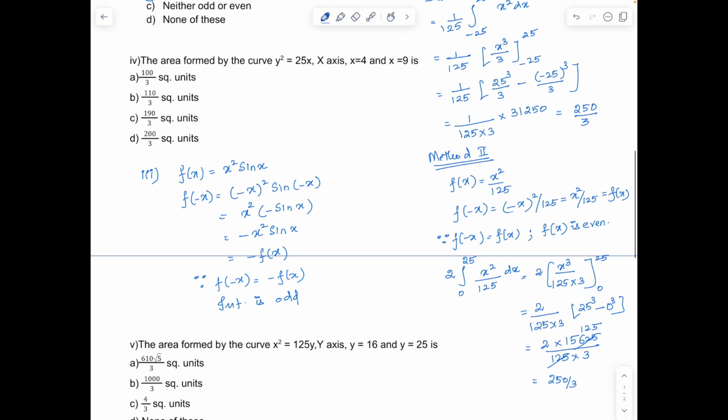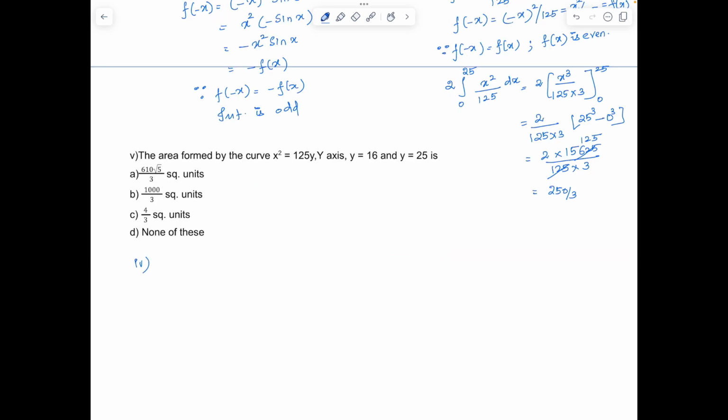Subdivision 4. The area formed by the curve y square is equal to 25x, x-axis, x equal to 4 and x equal to 9. Let's draw a rough sketch of the curve. y square is equal to 25x. As discussed already, here x is having the power 1, so the curve will be along x-axis, something like this.